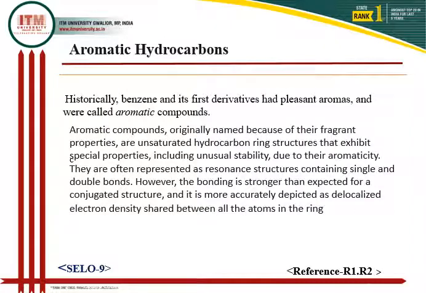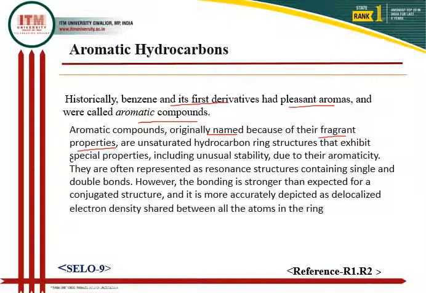Aromatic hydrocarbons were originally named because of their fragrant properties. Aroma means fragrance. We can say the benzene and its first derivatives, which had a pleasant aroma, were called the aromatic compounds.